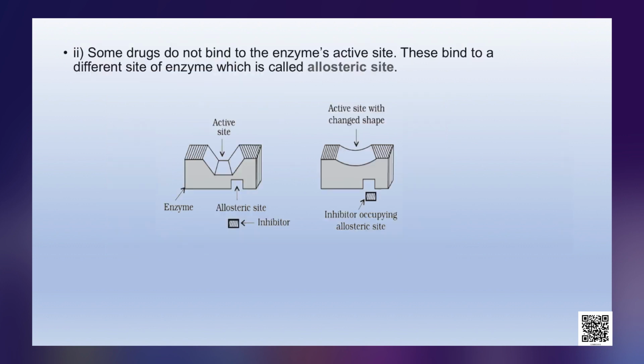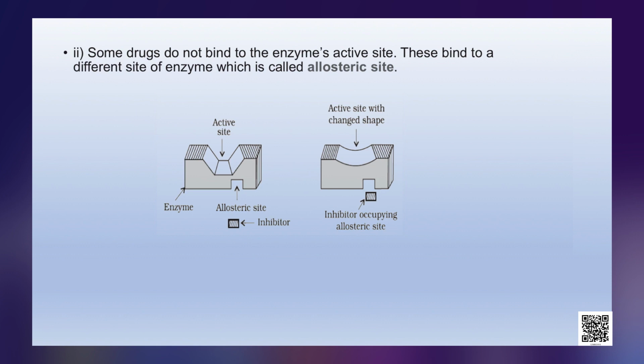Some drugs do not bind to the enzyme's active site. These bind to a different site of the enzyme which is called the allosteric site. This binding of the inhibitor at the allosteric site, as shown in the picture, changes the shape of the active site in such a way that the substrate cannot recognize it.